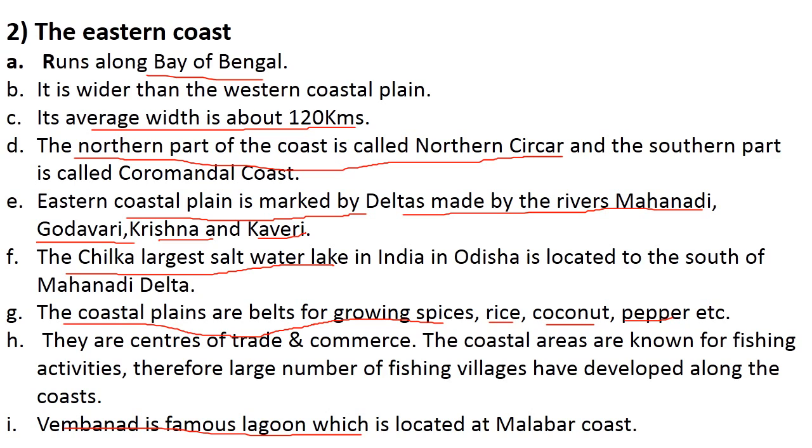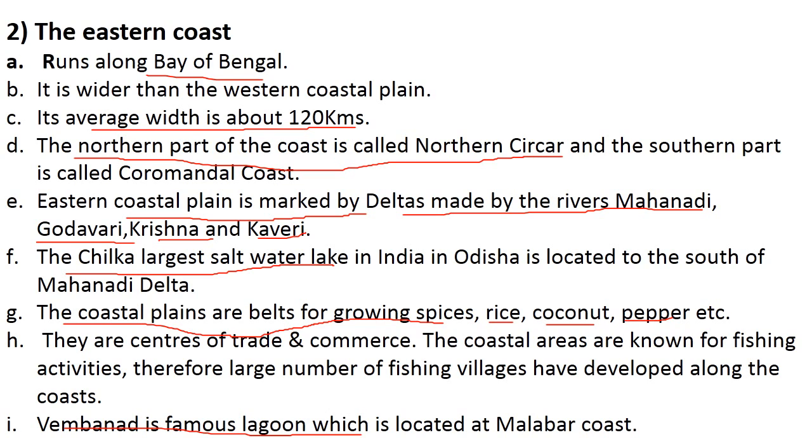The coastal plains are belts for growing spices, rice, coconut and pepper. These are the major crops of this region. They are centres of trade and commerce. This is the most important aspect of these coastal parts.